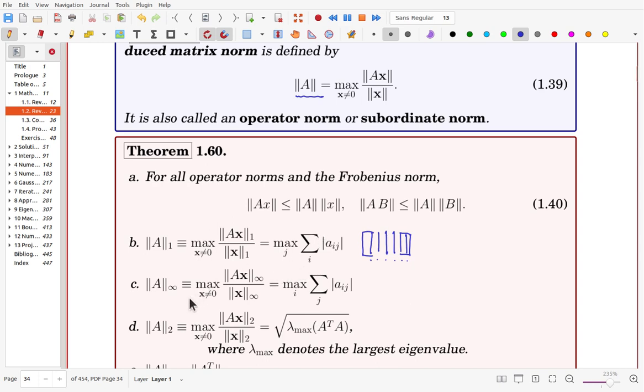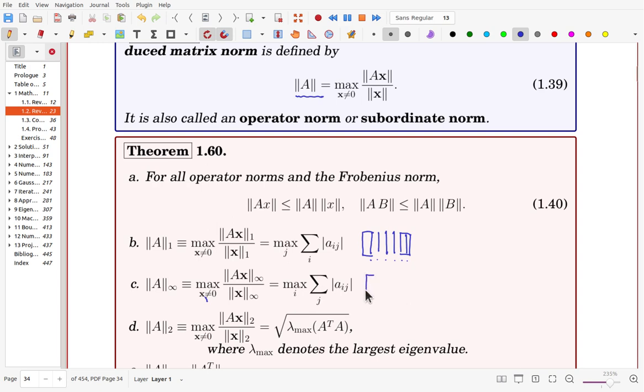Okay, for the infinity norm, that is the definition: the maximum over non-zero vectors of the infinity norm of Ax divided by the infinity norm of x. That is the definition, but we can compute it by using this one.